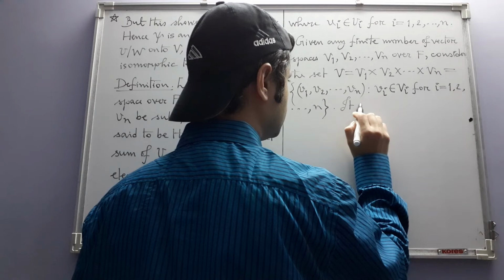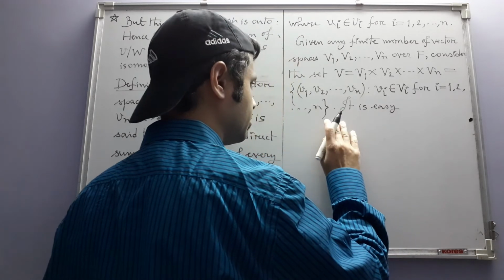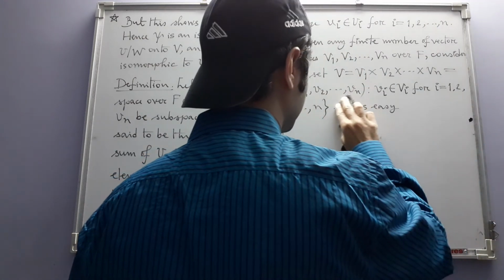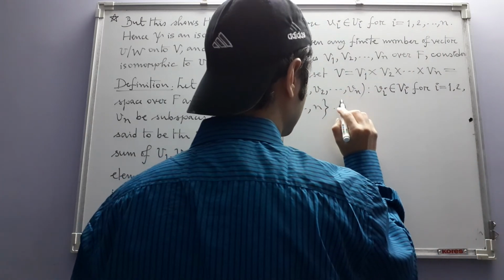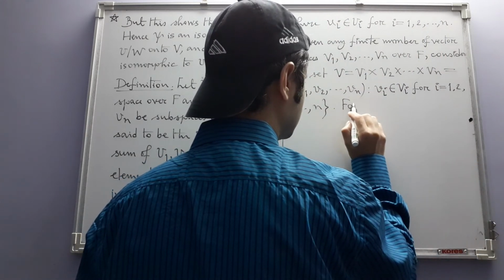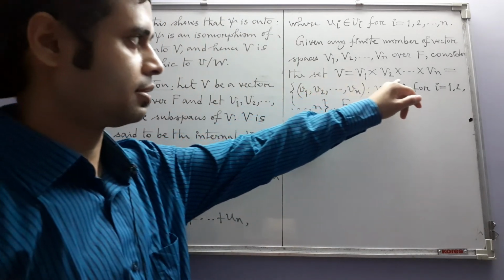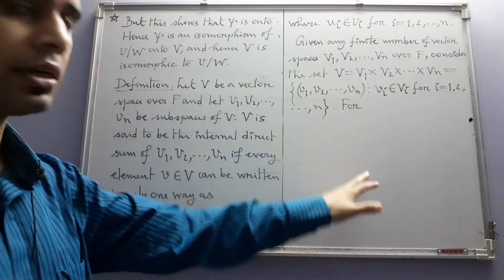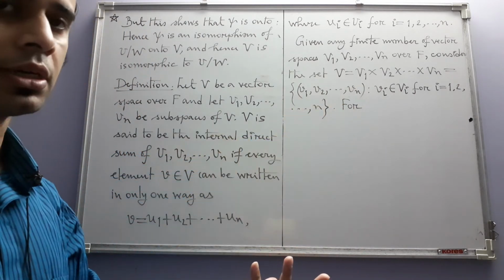Should I write it here itself, or let me just first define the operations, then I will mention it. Because we have defined V as a Cartesian product, we already know when two such n tuples are equal, namely when their corresponding components are equal.